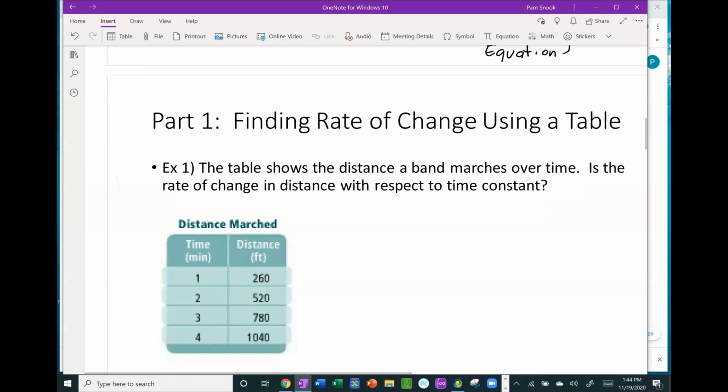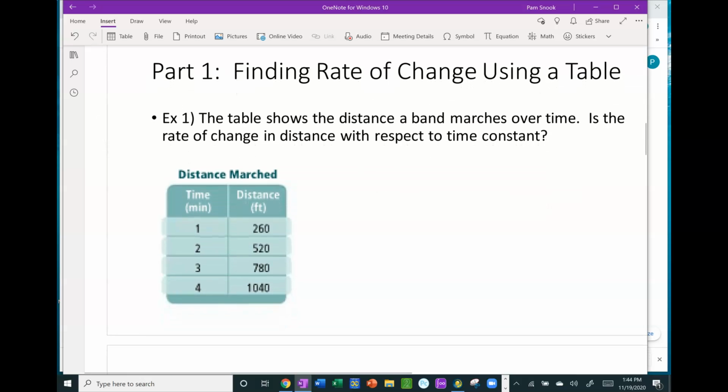So the first thing we're going to look at is what's called rate of change using a table. Now, rate of change means how much does each line of the table change? So our first one is we have a marching band, and this marching band is marching different distances over time. So in the first minute, the band moved 250 feet, and in the second minute, it moved 520 feet.